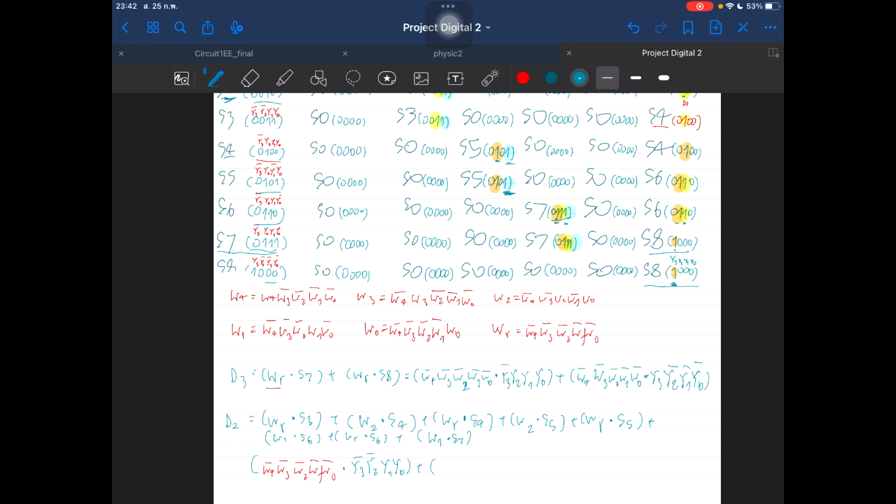And look at the next equation. W2 is W4 that, W3 that, W2, W1 that, and W0, and state 4 is Y3 that, Y2, Y1, Y0.